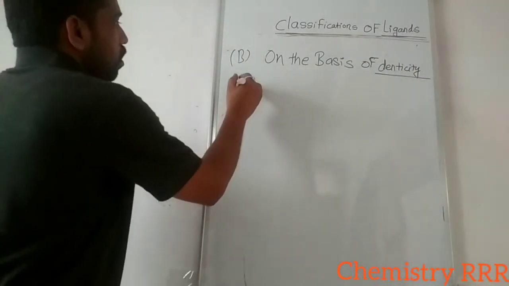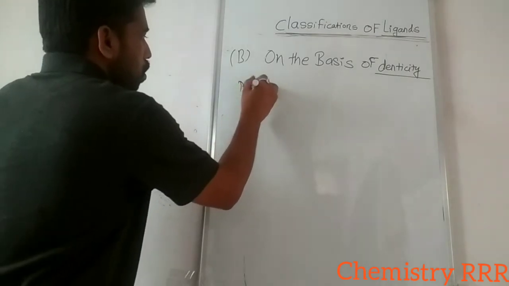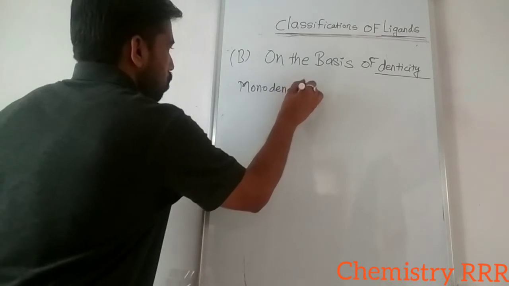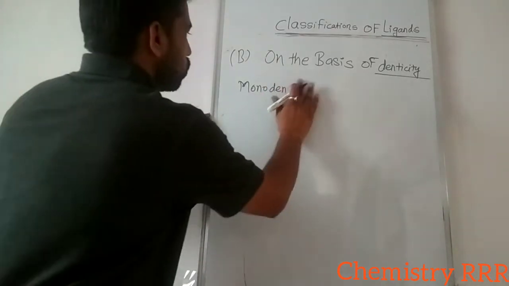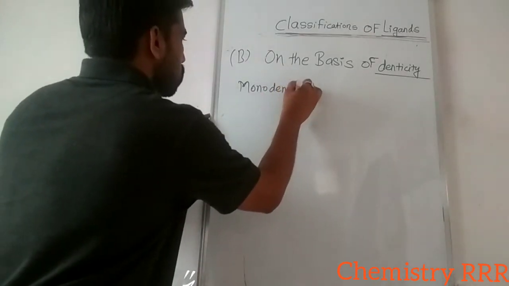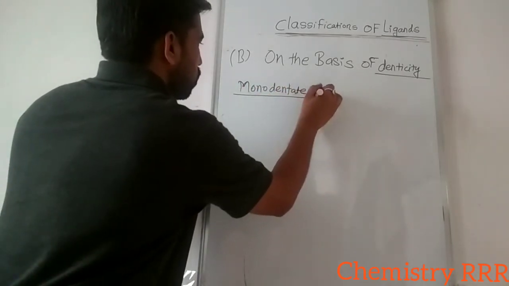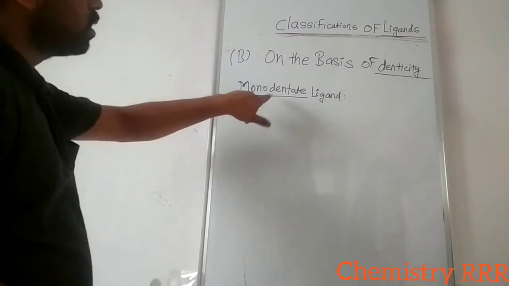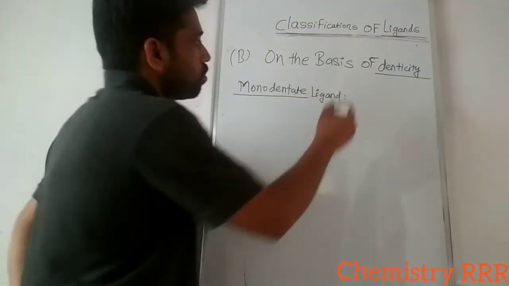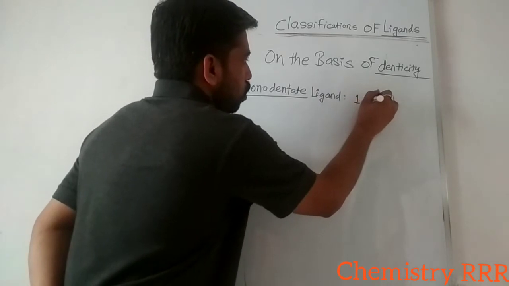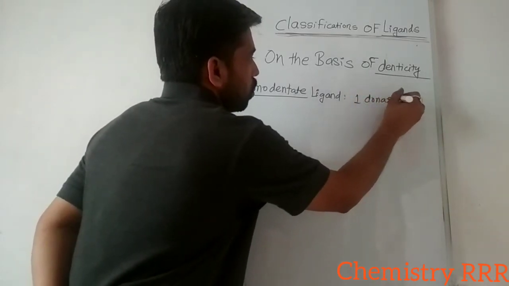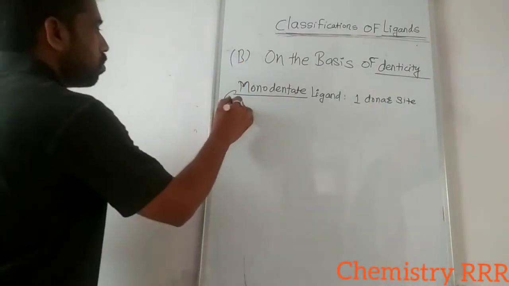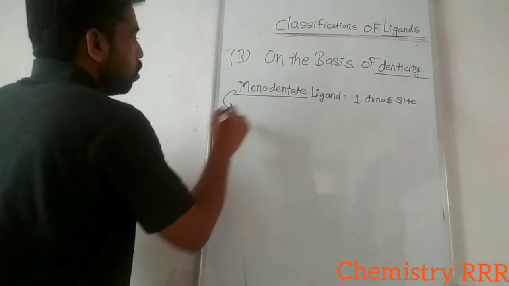For example, monodentate. Monodentate ligand means having one donor site, one donor site present on the ligand. Then the second category is polydentate ligands.